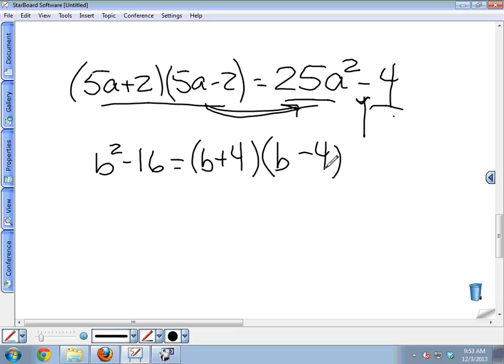So, number 27, 36 minus x squared. It's the difference of two perfect squares, so what am I going to factor it into? What's the square root of 36? 6.